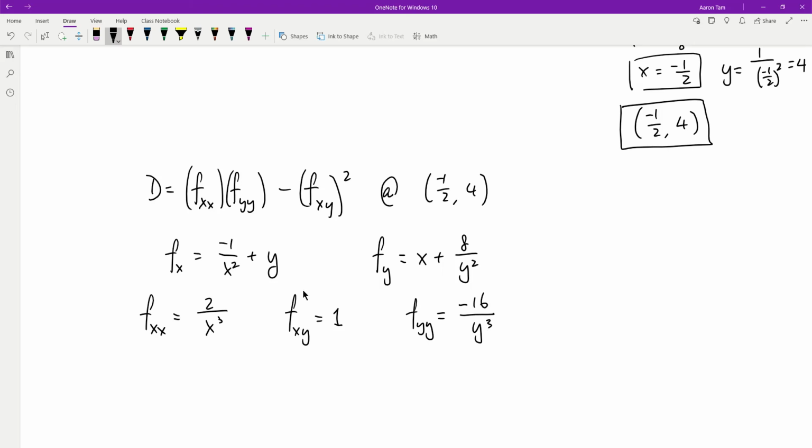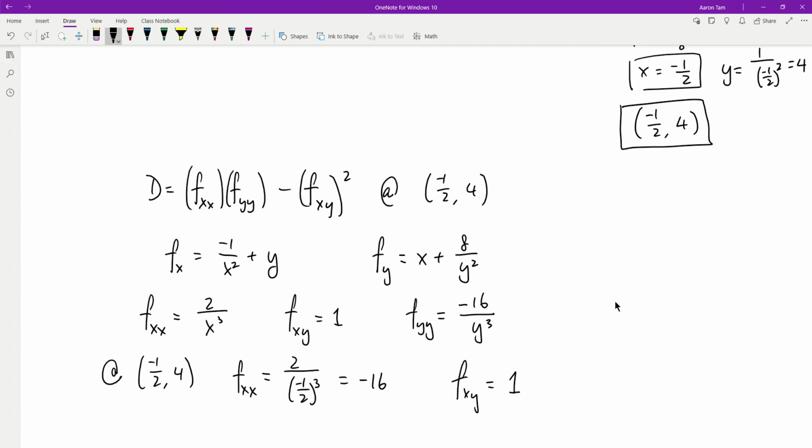Now I can evaluate these. At negative 1/2, 4, fxx equals 2 over negative 1 over 2 to the third. That is negative 1/8, so 2 divided by negative 1/8 becomes negative 16. Fxy is easy, that's just 1.